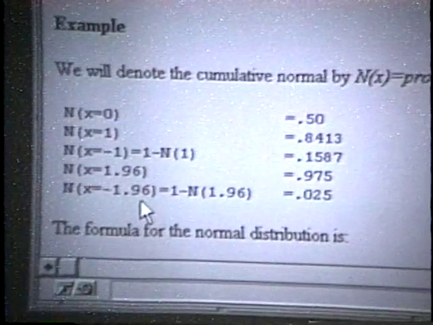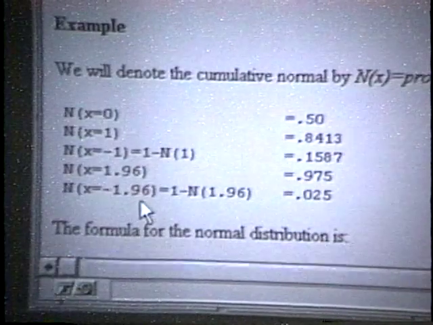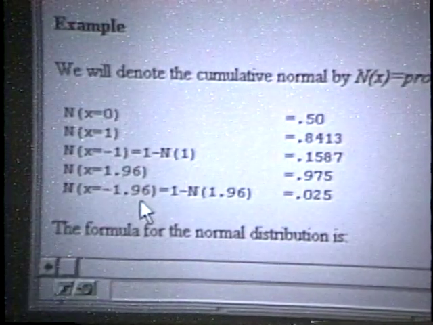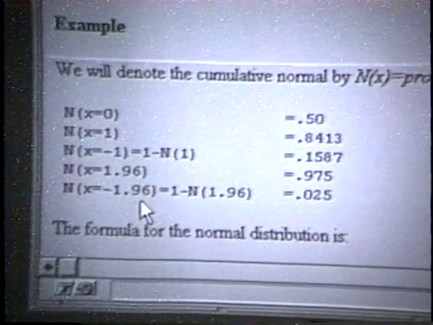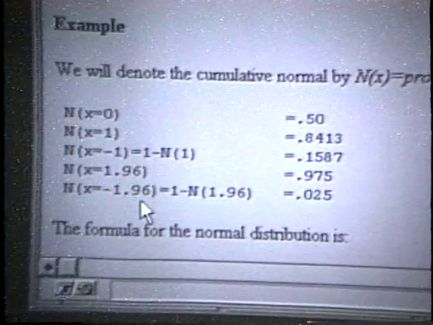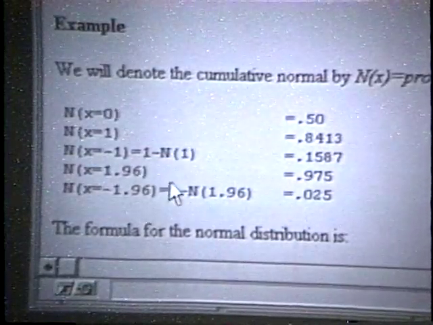So now up to 1.96. I think you're used to thinking of it in terms of a 2 standard deviation confidence interval. That's plus or minus 1.96. So you've got 2.5% on the left, 2.5% on the right. But we're always thinking of the value up to 1.96, which takes 97.5% of the distribution. Okay?